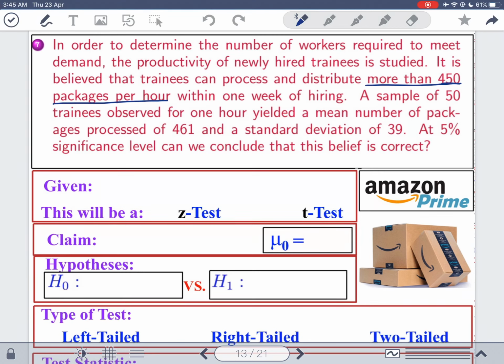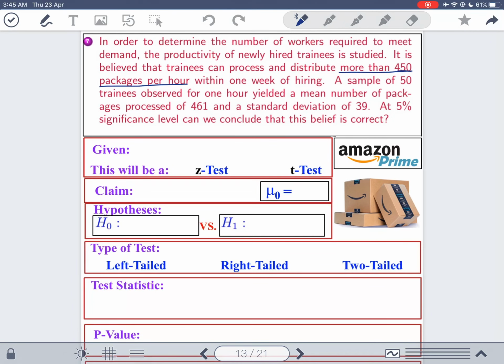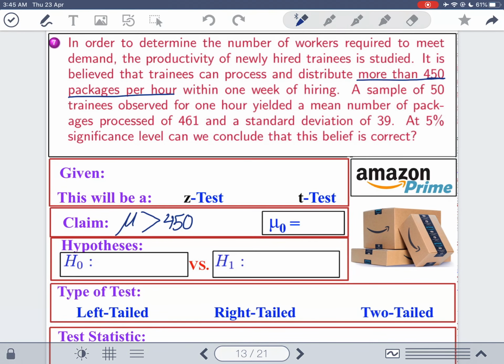We are claiming that those trainees can distribute. So the average they distribute, mu, is bigger than 450 packages per hour. I feel that it's a lot, but this is what the question is saying. So this means that mu0 is 450.